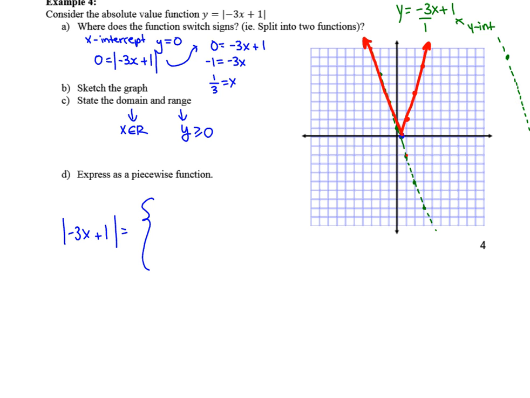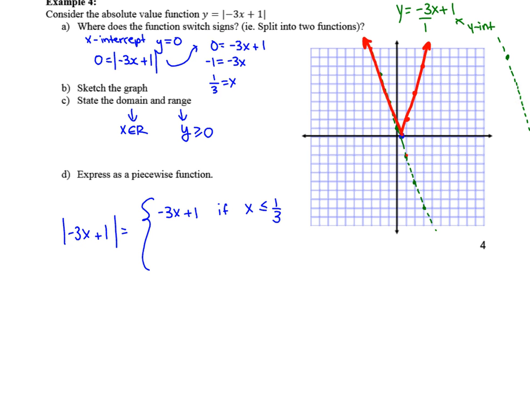So where does the graph stay the same? Where did we not reflect it? Where were the y values already positive in the original function? If x was what? Greater than or less than? Nope. It was less than or equal to 1/3. Right? Look at the graph. Where was it already above the x-axis?